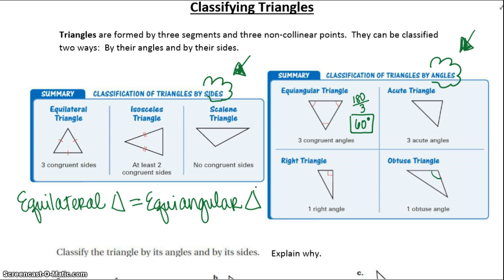So watch out, these are exactly the same, and it's because if all the sides are congruent, then all the angles are congruent. Later on, we're going to learn that since two of these sides are congruent, two of these angles are congruent, okay? We learn that later on. And then vice versa, right? So later on we find out if a couple of angles are congruent, then a couple of sides are congruent. But that's for later. So let's just talk about what we have here right now.